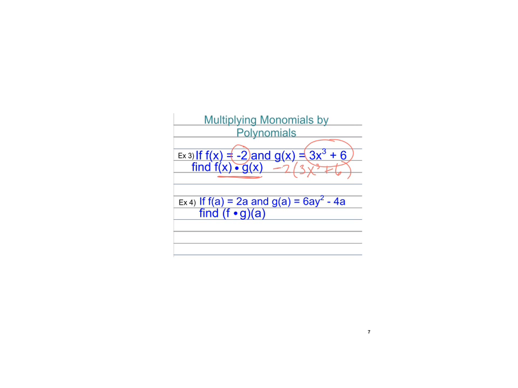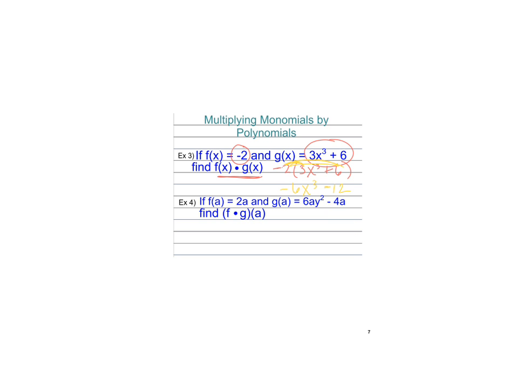Now I have a monomial times a polynomial. In the previous one, I just had monomial times monomial. So I'm going to take this negative 2 and multiply it by the first term and the second term, also known as distributing. So here I get negative 6x cubed minus 12.